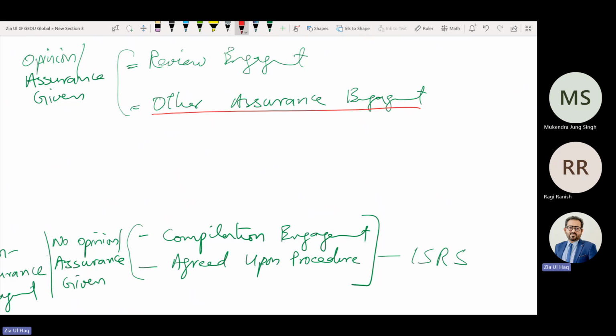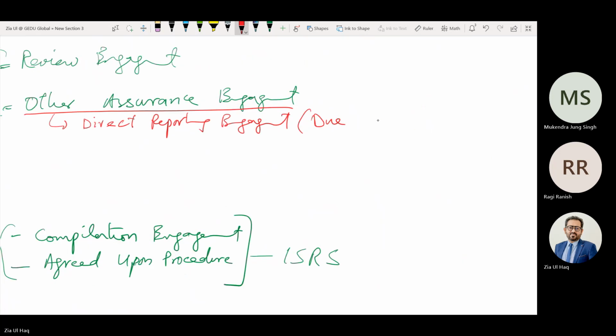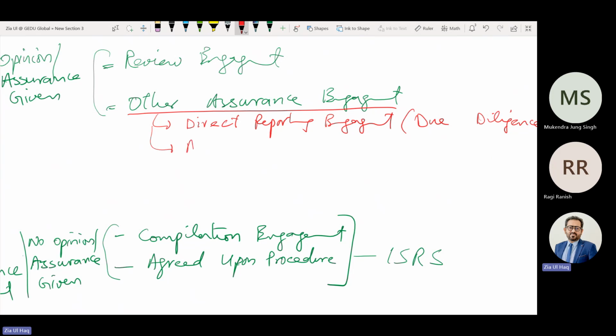And there are further three types of these other assurance engagements, like consultancy services: direct reporting engagement, also called performing a due diligence assignment, attestation engagement, and report on PFI.